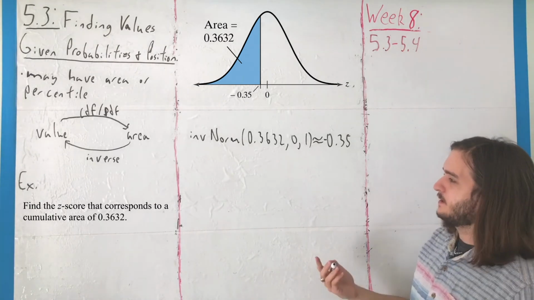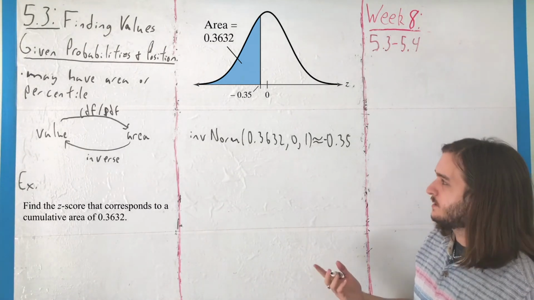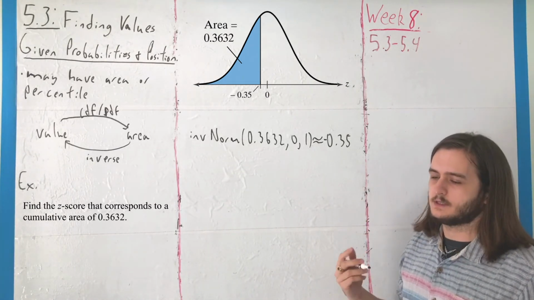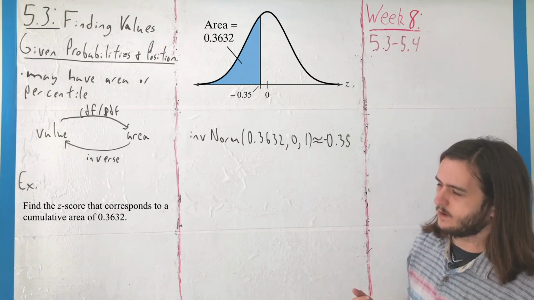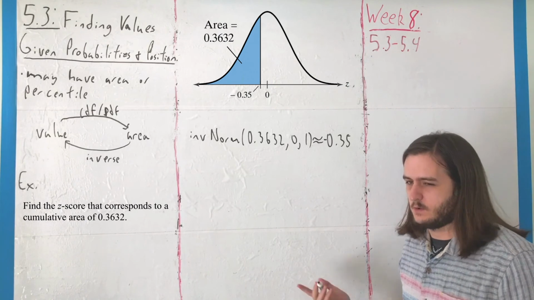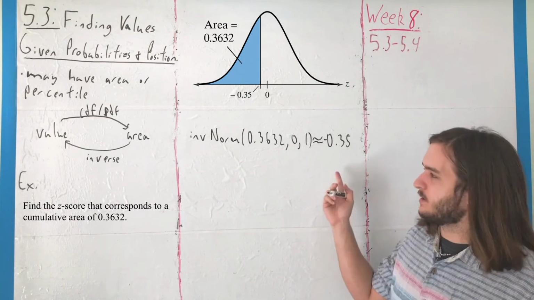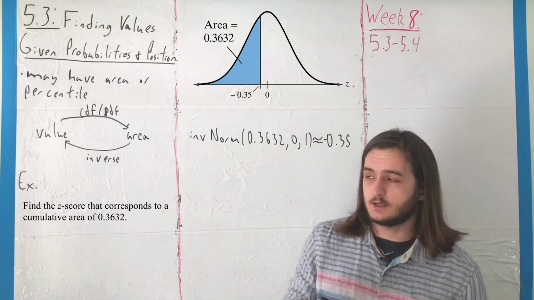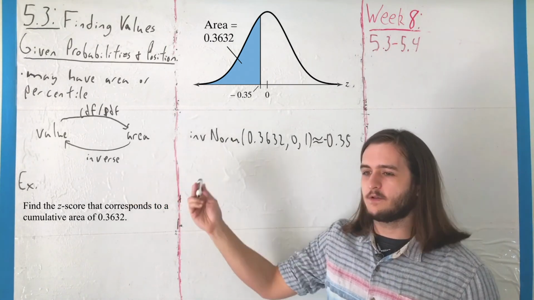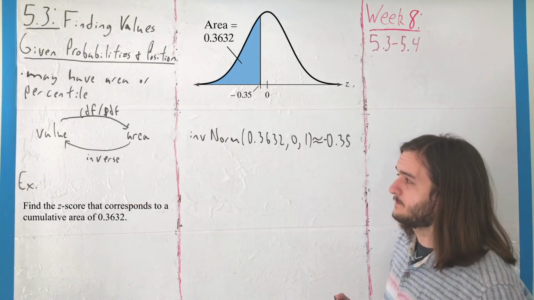That is to say, the percent to the left of negative 0.35 as a z-score would be 36, roughly. And if you want to check this answer, you can just plug this sort of thing back into the normal CDF function and you should end up where you started because, again, we're working on a flow of information that goes in both directions.